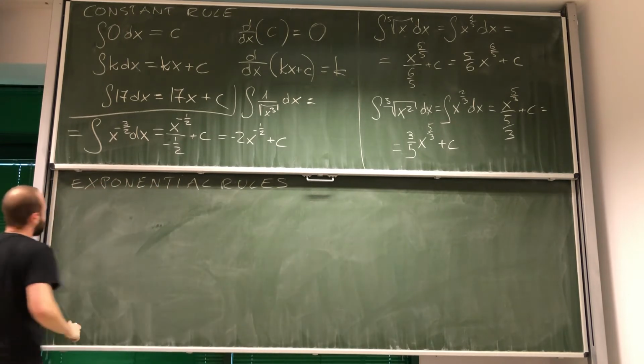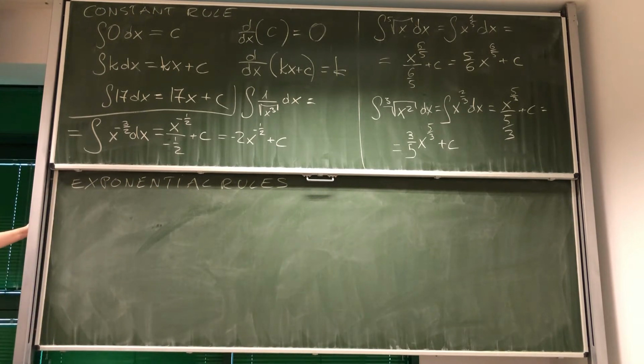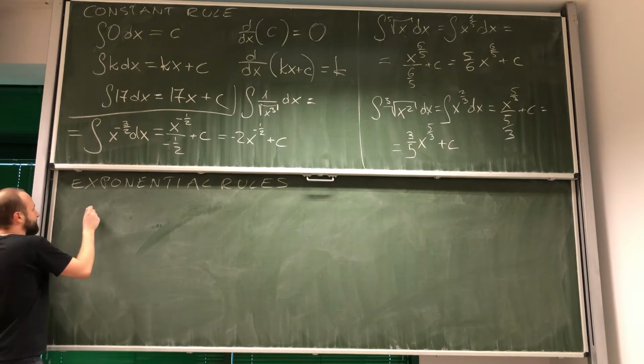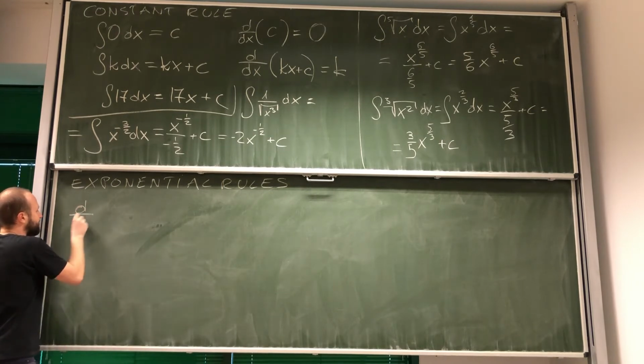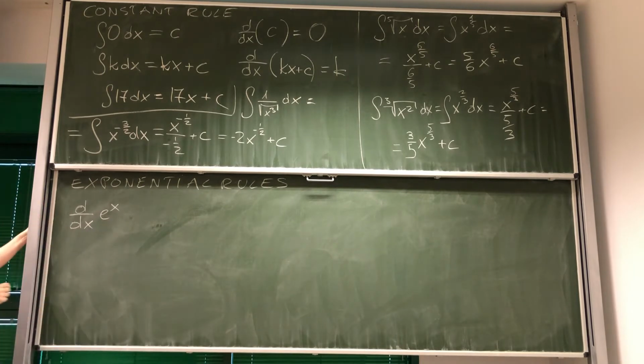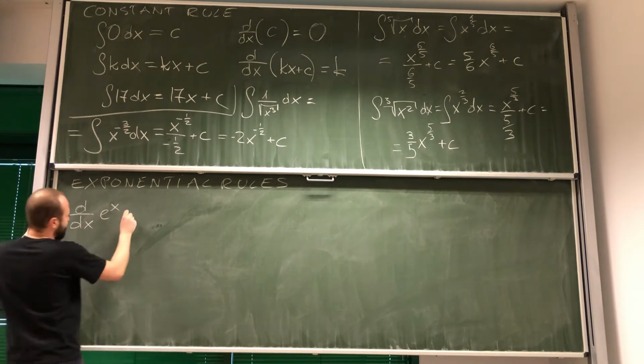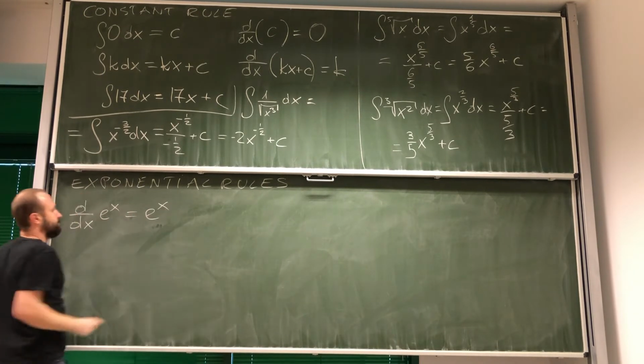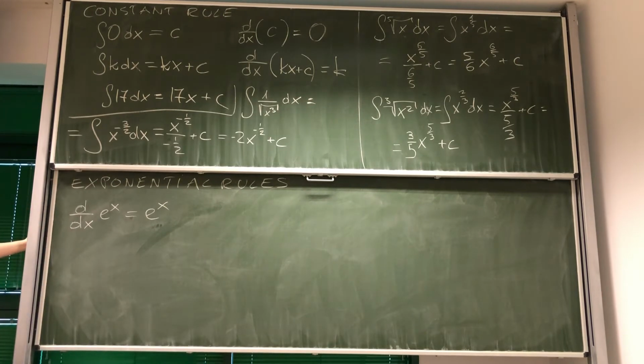Okay, so let's start with the easiest case and remind ourselves what is the derivative of e to the power of x. This, of course, is e to the power of x.